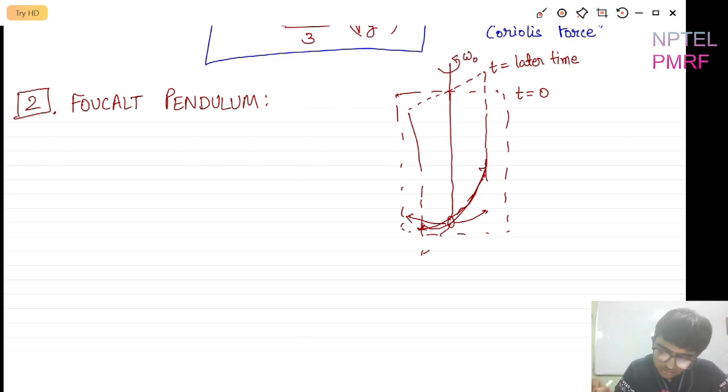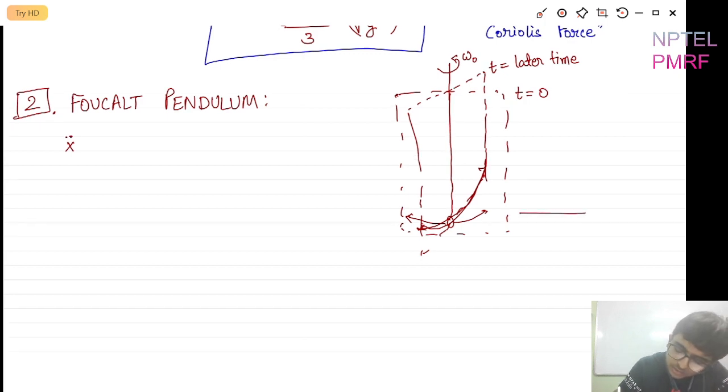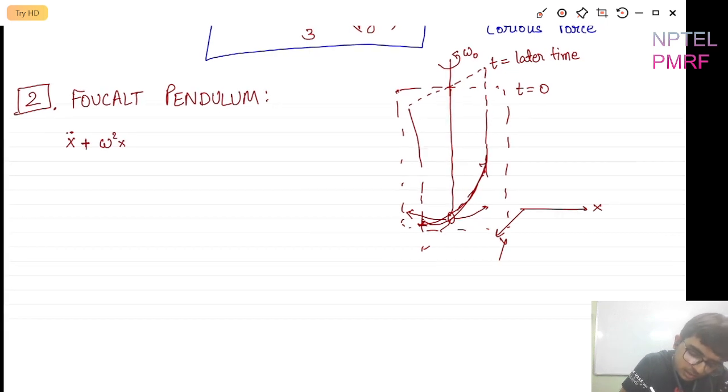Okay, so the idea is that suppose we are just interested in the x direction. Let's say this is our x direction and this is our y direction. Then x double dot plus omega squared x, which was earlier just 0, right? Because it's a simple harmonic motion. But now there is a term due to this rotation, and that is 2 omega cross v, right?